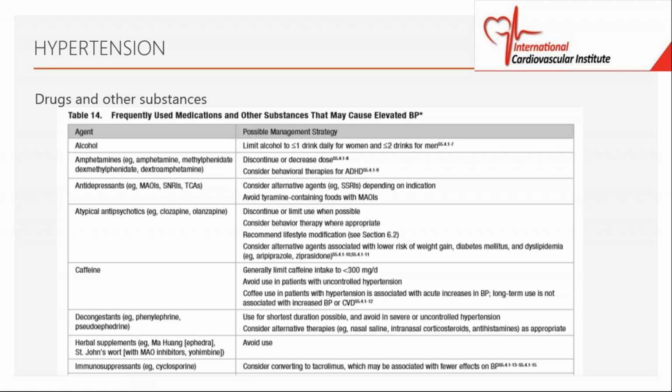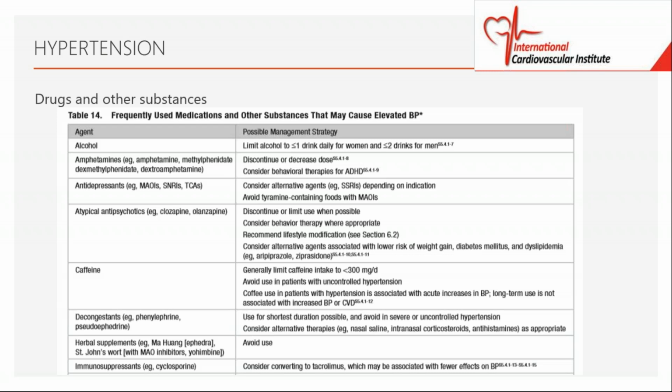When we talk about alcohol, we usually say that for females, they should have one or less than one drink per day. And for males, 2 or less than 2 drinks per day. So what is a drink? A drink should contain less than 14 grams of alcohol.